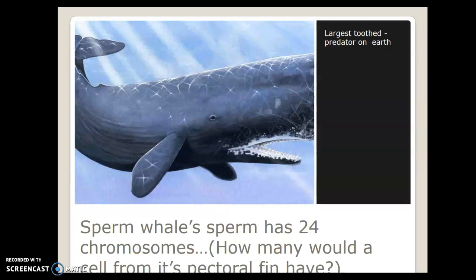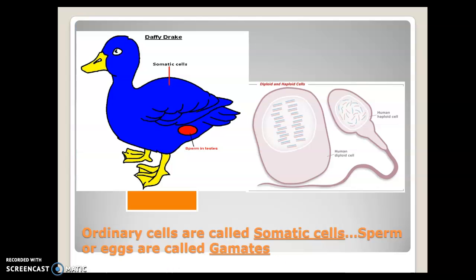Sperm whale: if its sperm has 24 chromosomes, what would its diploid number be? How many chromosomes would it have in a pec fin or in its eyeball? Its diploid number would be 48. Ordinary cells are called somatic cells.